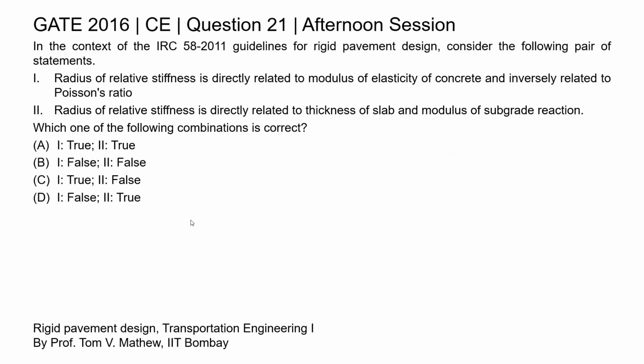Now, coming to the statement, radius of relative stiffness is directly related to modulus of elasticity. So, yes, it is directly related to modulus of elasticity, and inversely related to Poisson's ratio. We can see in this equation this mu, that is Poisson's ratio, is in the denominator but with a negative sign.